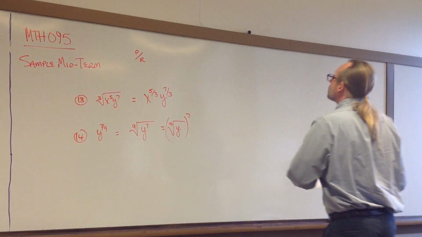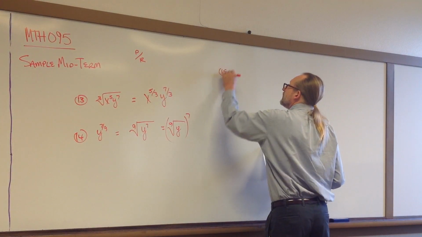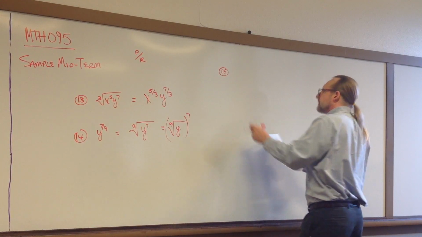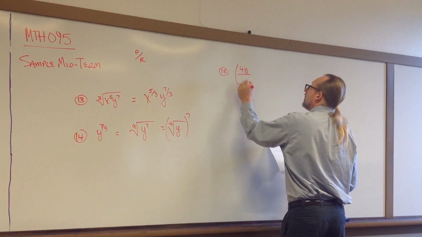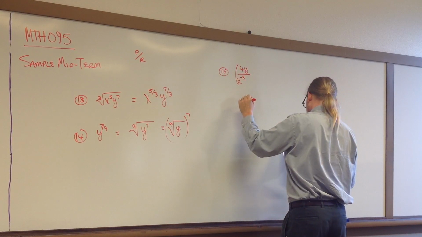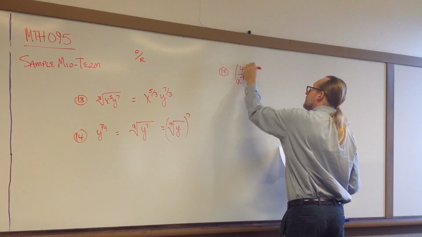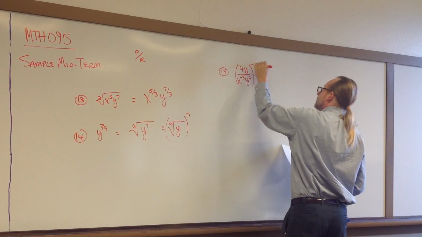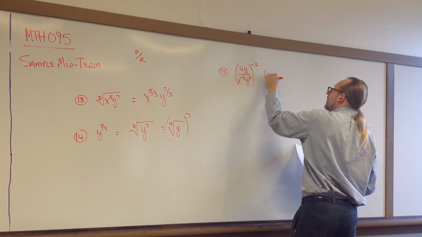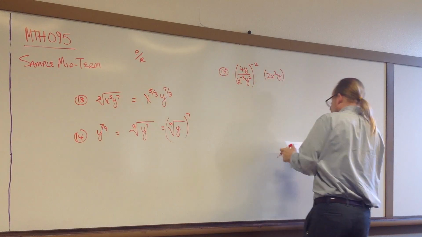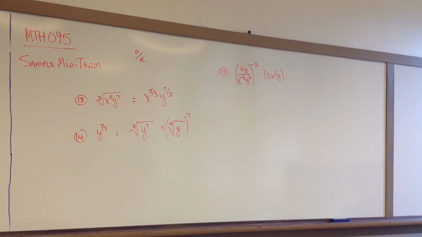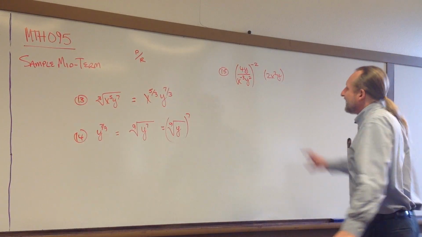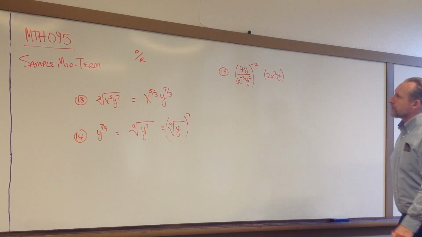Problem 15. Now this is where we get to use these rules of exponents a little bit more. 4y over x to the minus 3y squared, all raised to the negative 2 power, and then multiplied by 2x squared y. Okay. So, I like to simplify inside the parentheses first.